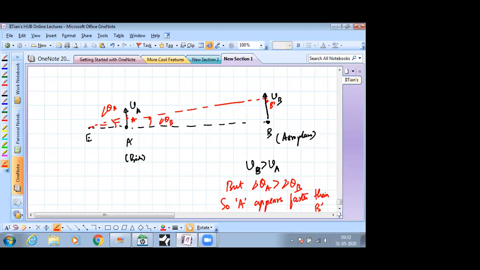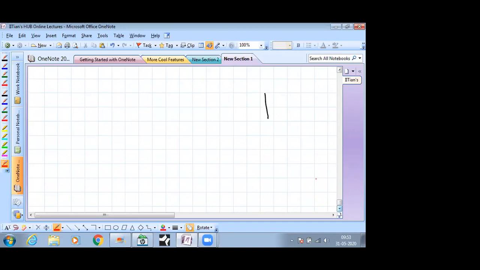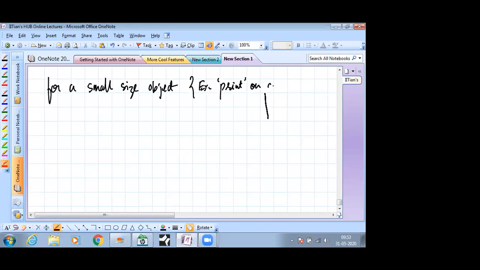So in optical instruments, this is the problem we are trying to circumvent. For a small size object, for example, if you're looking at print on a paper, the size of alphabets, and so on. So that print could be an alphabet or a number or something like that.